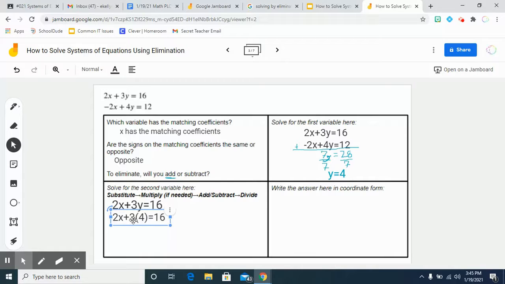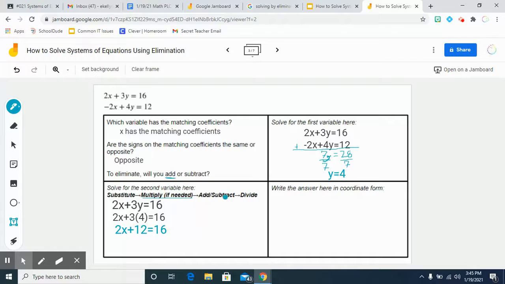That number is 3. So we're going to do that multiplication. And if you'd like, I can color code this. So it'll be 2x plus 12 equals 16. Now I'll color code it so you can see that this step was the multiplying.